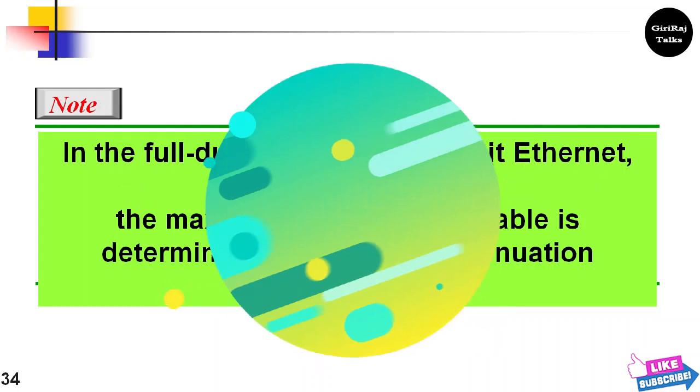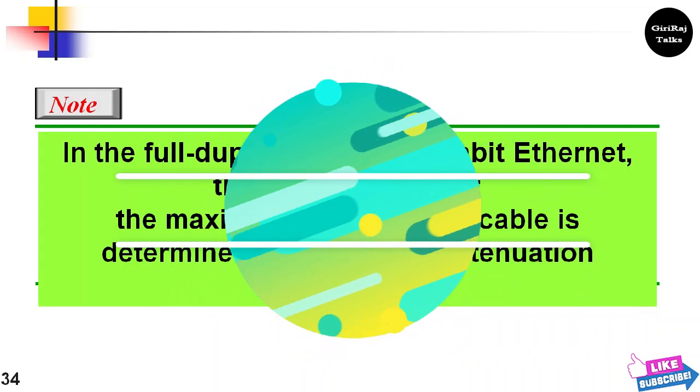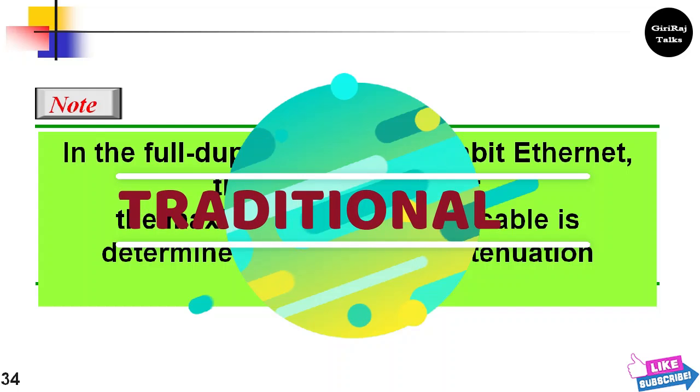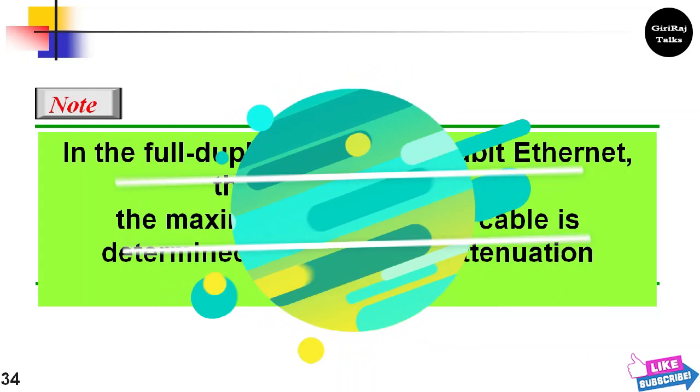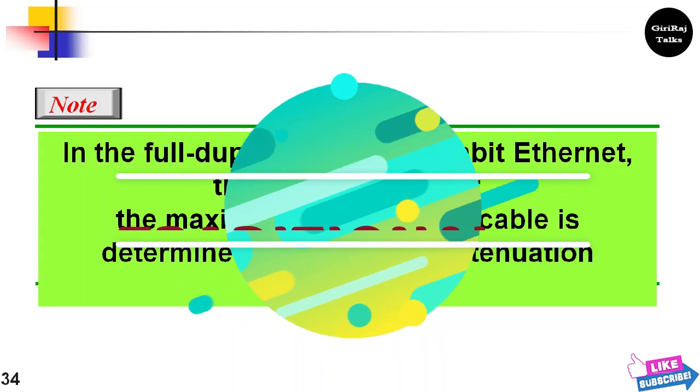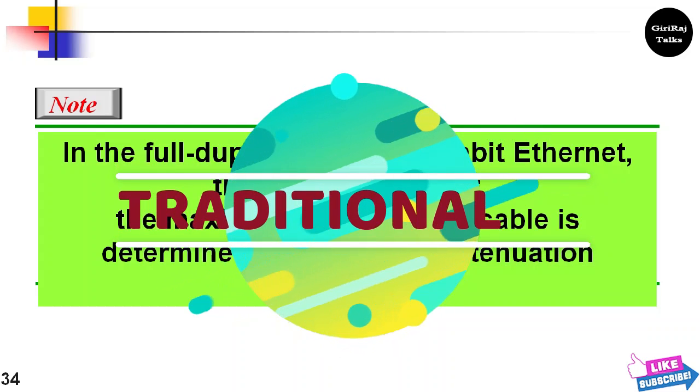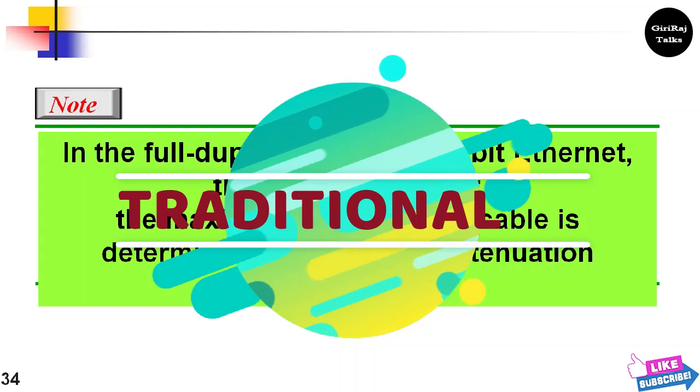The reduced slot time means that collision is detected 100 times earlier. This means that the maximum length of the network is 25 meters. This length may be suitable if all the stations are in one room, but it may not even be long enough to connect the computers in one single office.